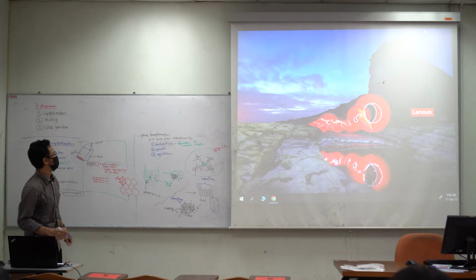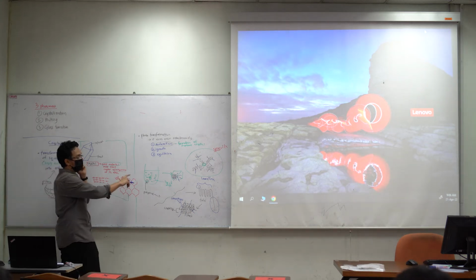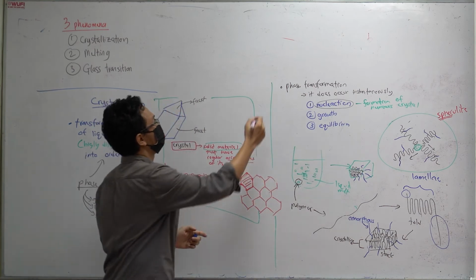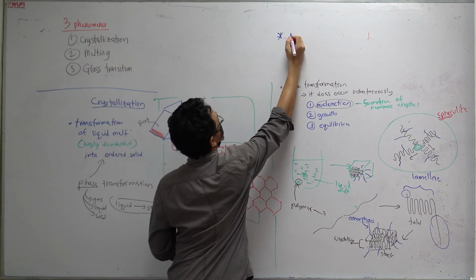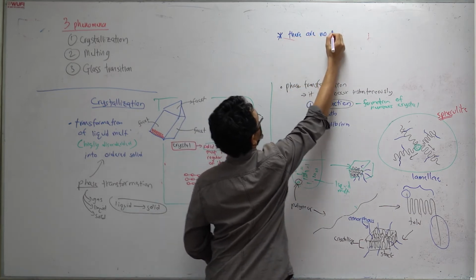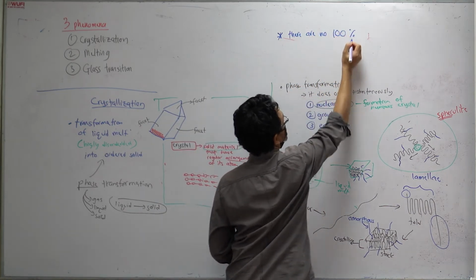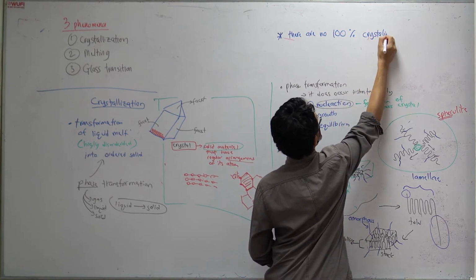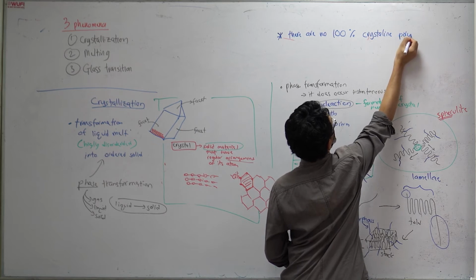Okay. So the reason why I show you this spherulite and lamellae is because, as I said before, there is no 100% crystalline polymer.